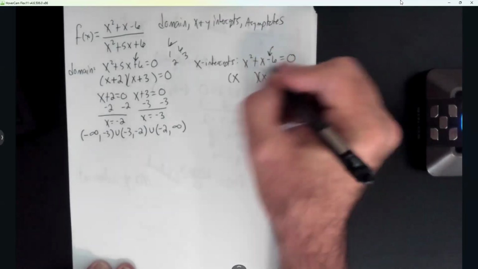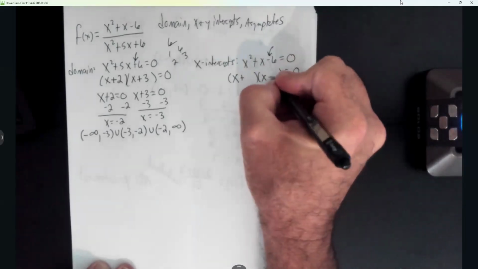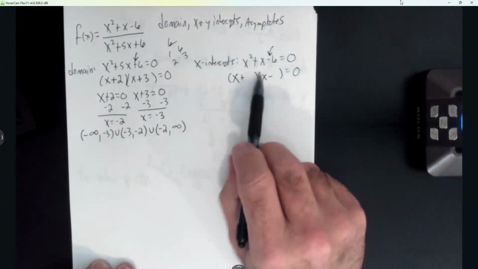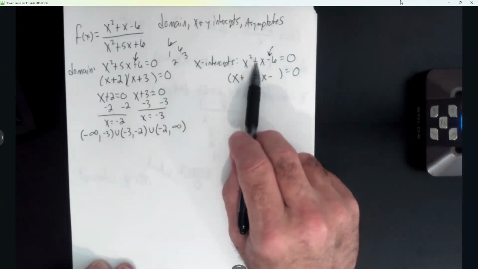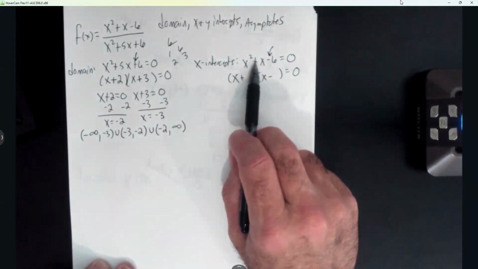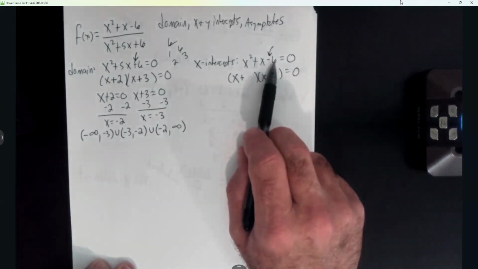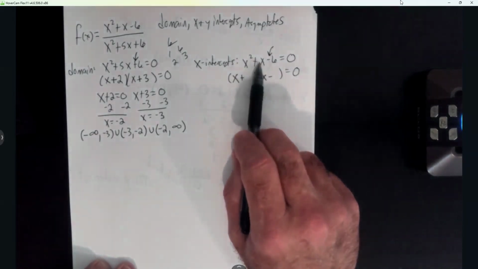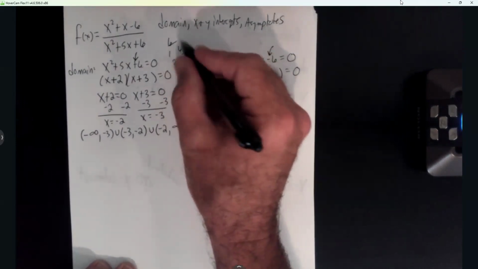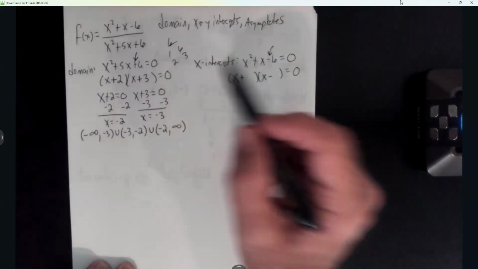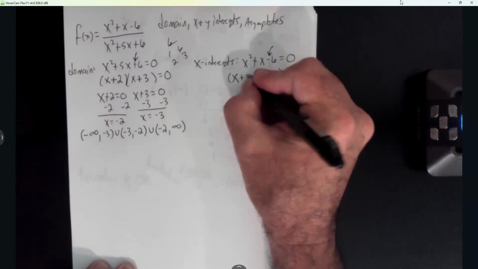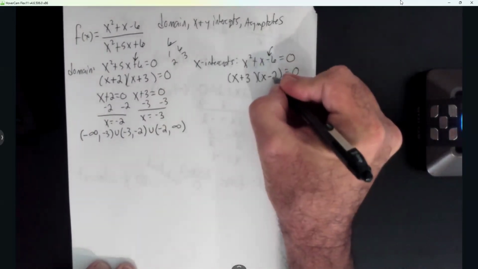Remember, last one's negative, so I got one positive and one negative. This time, my larger number will be positive because it's positive in the middle. So what factors of 6 will subtract and give me 1? Well, I got factors of 6 already. That'd be 3 and 2. 3 would be positive. 2 would be negative.